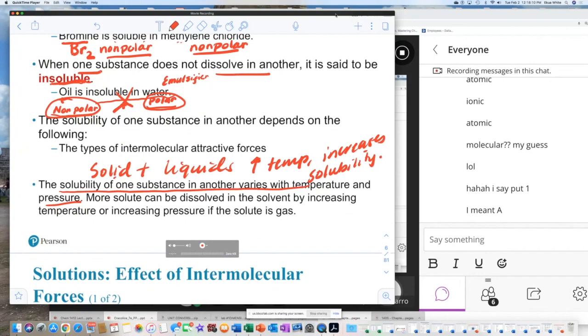There's not a lot of things I cook that does this, but sometimes I see certain recipes where they're trying to dissolve a solid in the liquid and they say heat and stir to dissolve. And I'm like, they're trying to increase solubility by increasing temperature, you know? And so we're told here more solute can be dissolved in the solvent by increasing the temperature or increasing the pressure if the solute is a gas. So we will talk about this down the road dealing with Henry's law.